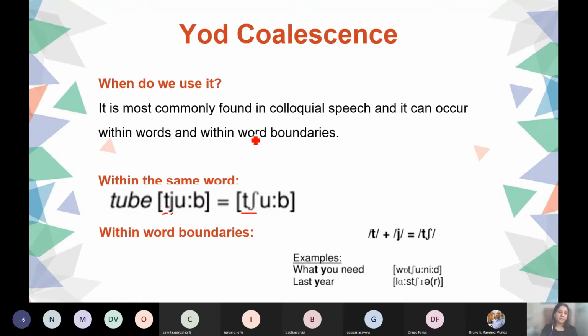And an example of within word boundaries are any other example in which we have, for instance, a word that ends with T and then the following word begins with J. For example, instead of saying what you need, we say what you need. Or as we have already seen, instead of saying last year, we say last year.